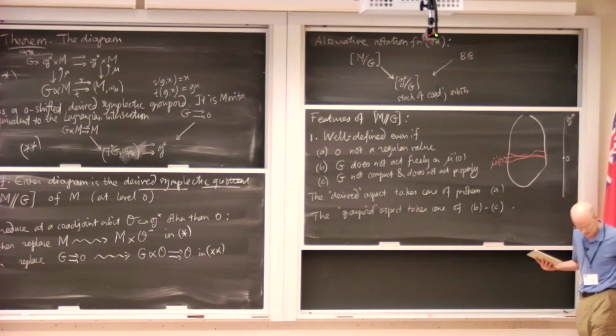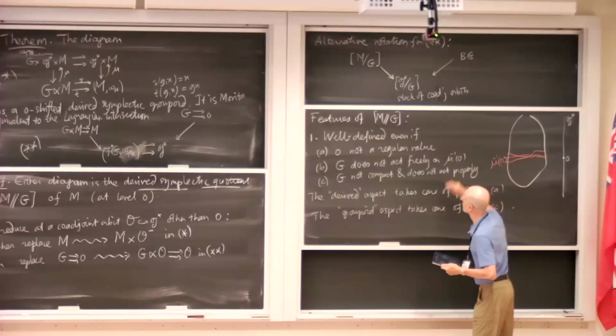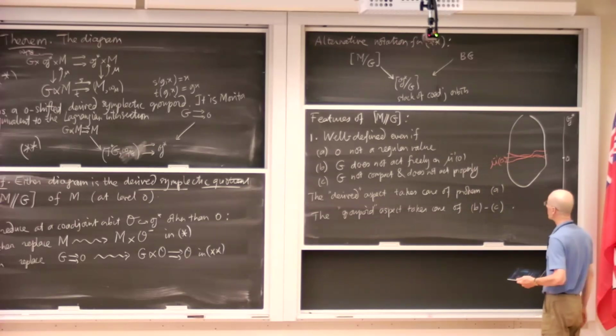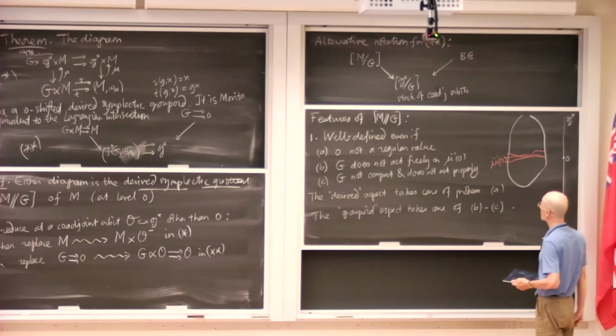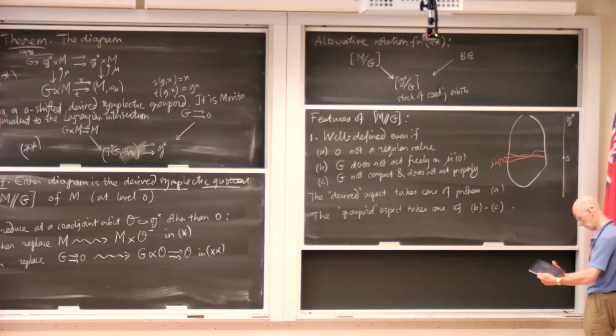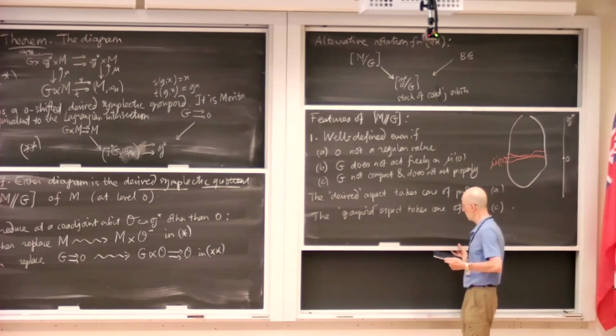The kind of opposite kinds of problems are that taking a fiber categorically is like taking an inverse image, a limit, whereas taking a quotient is like taking a colimit. So that's one feature.